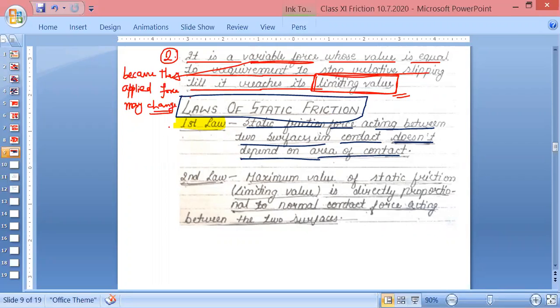This is the law of static friction. The first law is what? The static friction force does not depend on the area of contact.